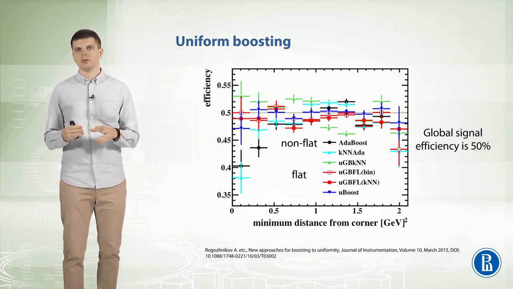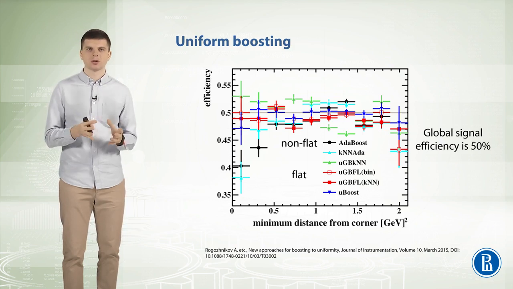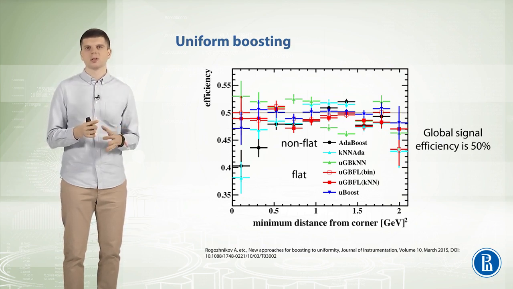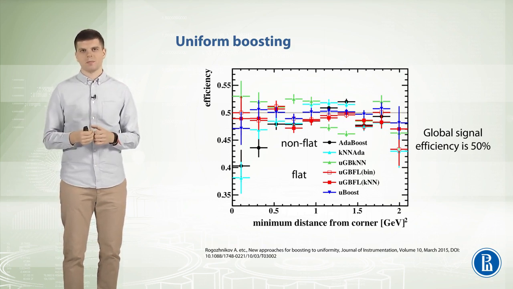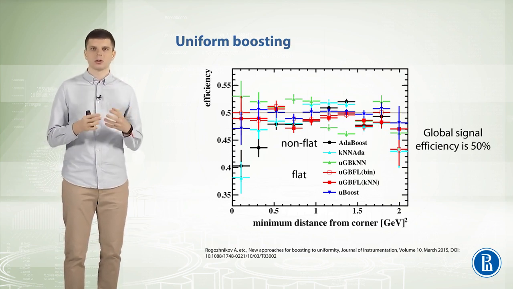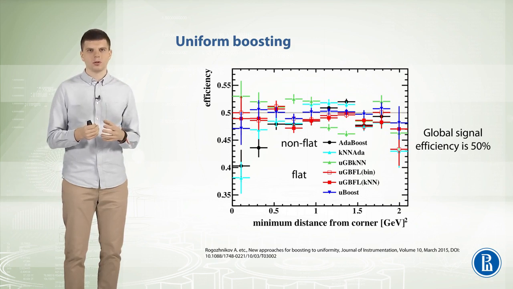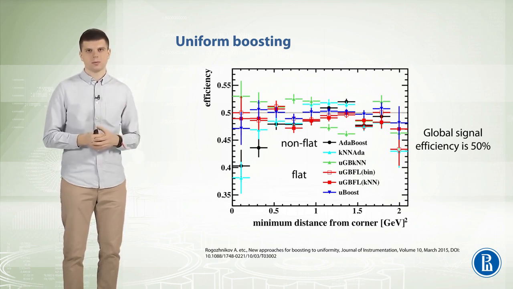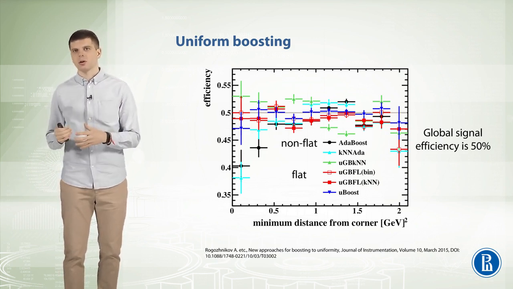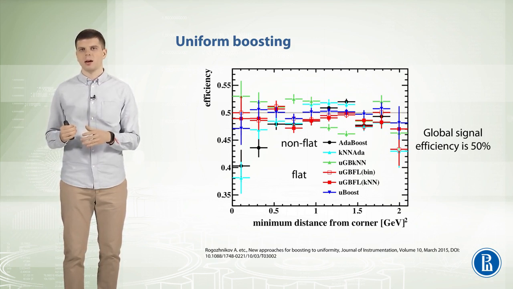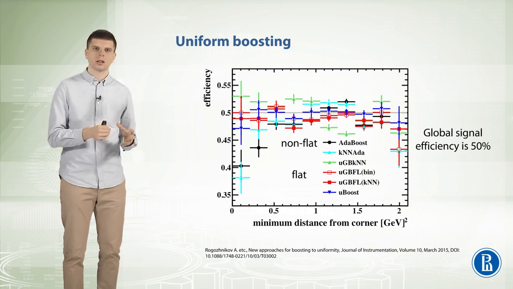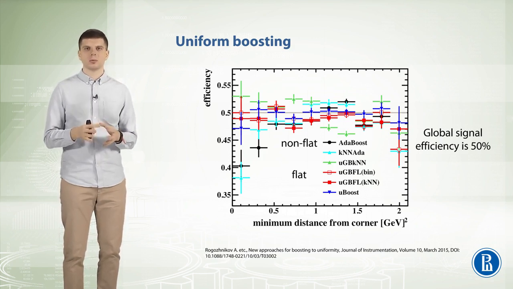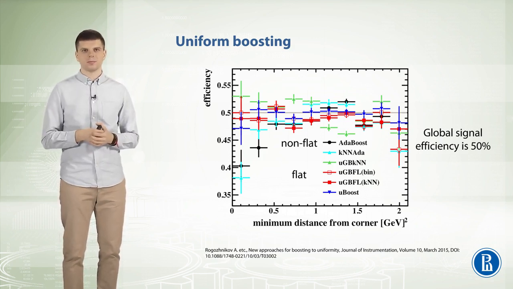The black curve in the figure corresponds to the conventional AdaBoost classifier without any modification of its loss function. This classifier has strong dependency of signal efficiency on the selected feature. The second curve, named KNN Ada, also represents a non-flat AdaBoost classifier, but with another loss function.